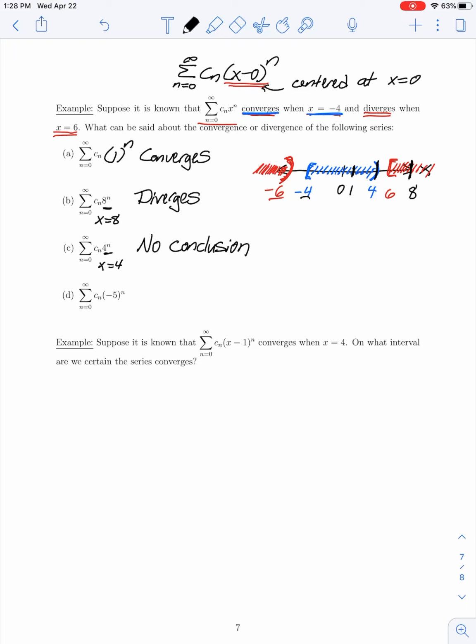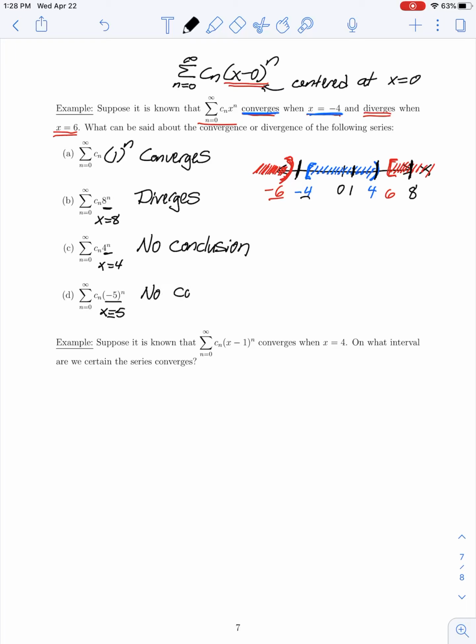And in part D, we have the sum from n equals 0 to infinity of c sub n times -5 to the nth. So here x is -5. So -5 would lie in this interval. And we can't say for certain in that interval whether we have convergence or divergence. It doesn't lie within our intervals where we have a definite result.